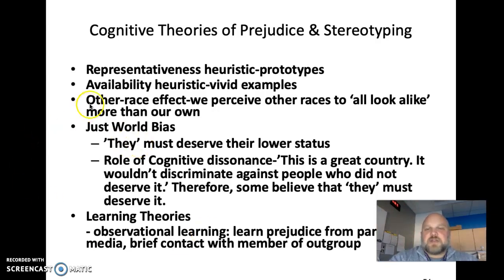Some other research out there: the other race effect. Interesting, apparently human beings are better able to see diversity of appearance in their own race, and less able to see diversity in other races. It's that tendency of thinking those people that aren't of my ethnicity or race all look alike, at least to a larger extent.